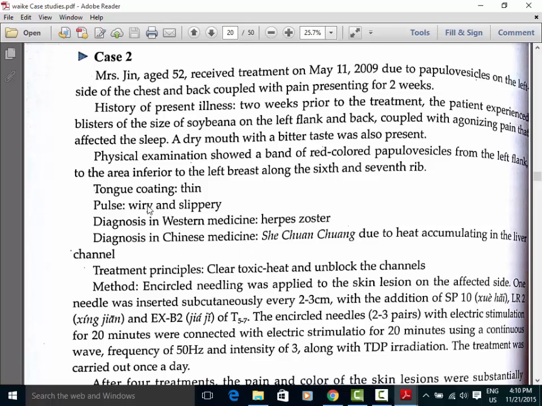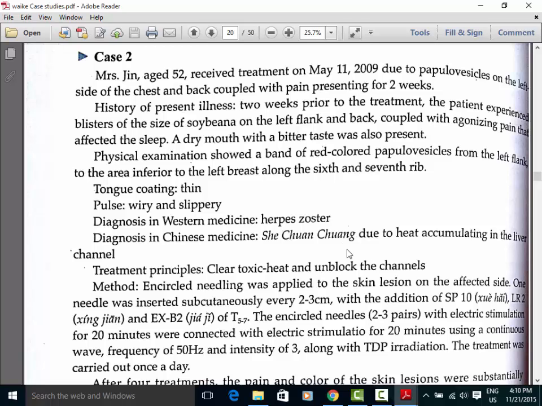Wiry and slippery with a thin coating. It's a little bit different here. All right? A little bit different here. So by toxic, toxins often refer to purulent discharge or pus.